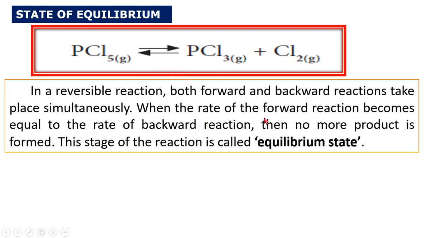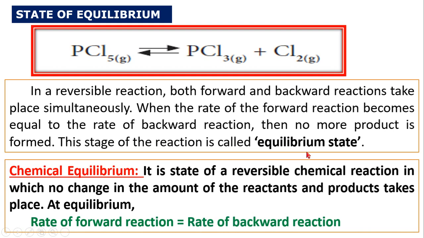So, when the rate of the forward reaction becomes equal to the rate of the backward reaction, or the speed of the forward reaction becomes equal to the speed of the backward reaction, then no more product is formed, and this stage of the reaction is called the equilibrium state.